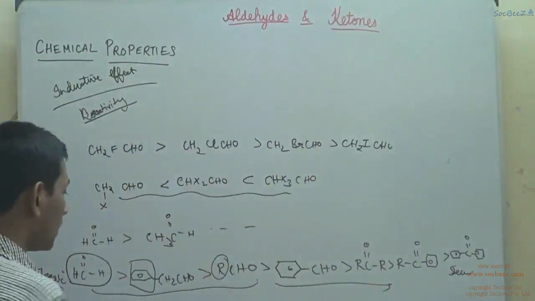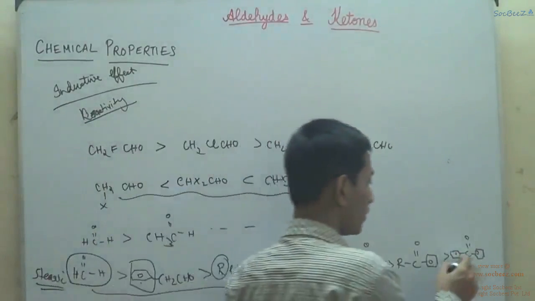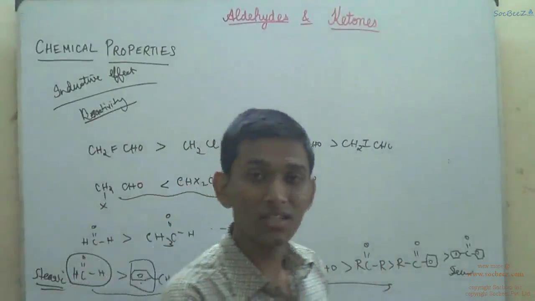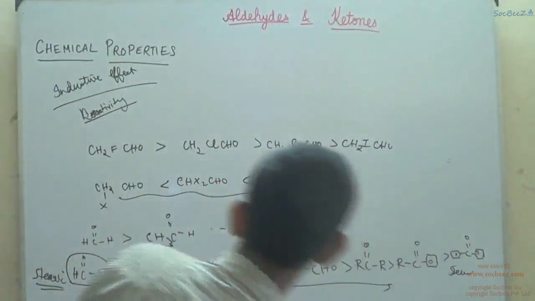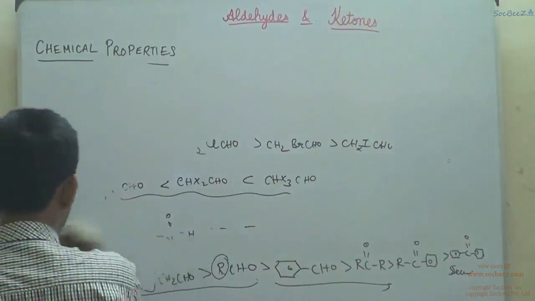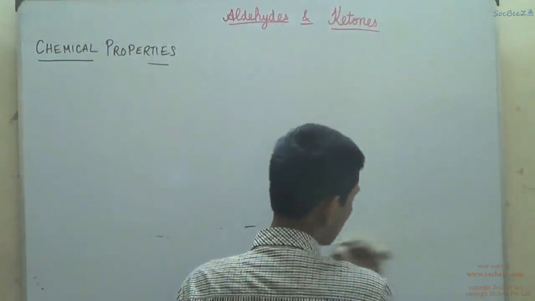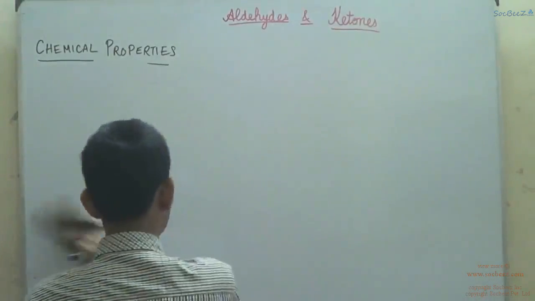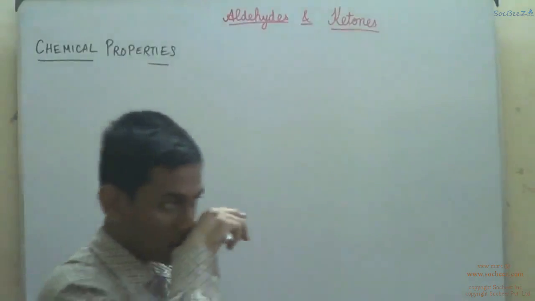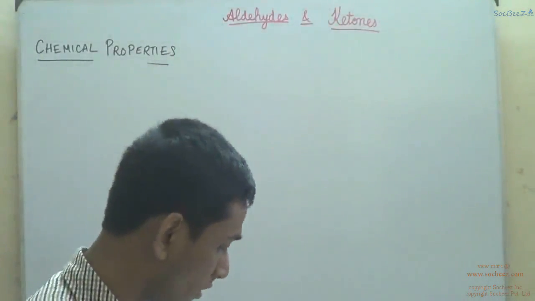For example, this looks to be more than this, but here when you have two groups attached, obviously it should be more from the inductive effect also, but here the steric effect is the major concern. So generally ketones do not react much compared to aldehydes. Even for oxidation you require a very strong oxidizing agent.